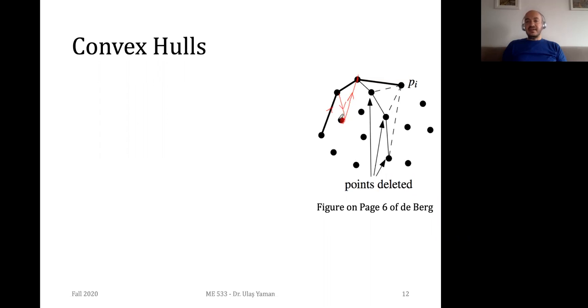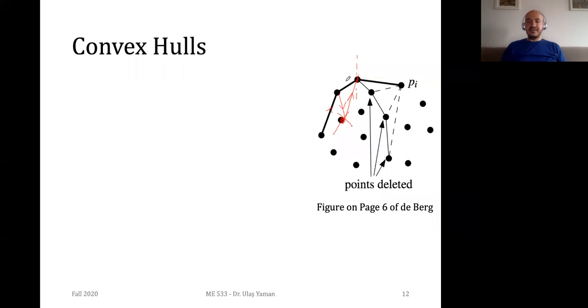So that means I need to eliminate this one, delete this one, and move on with the next point. So up to, let's say, the 5th point, we have these 2 edges, and they are on the convex hull, or on the upper hull of the algorithm. So we can keep these and continue with the remaining points in our given set P.